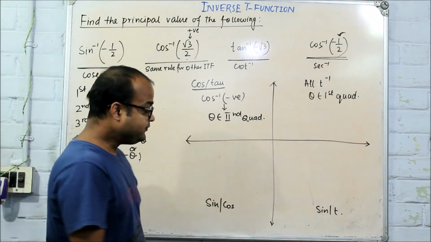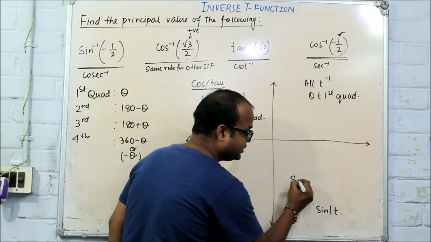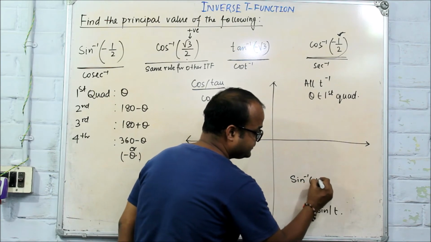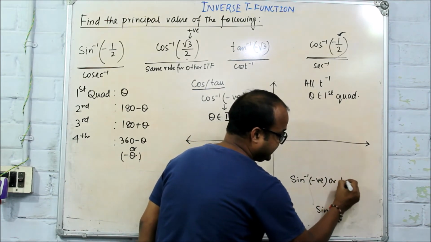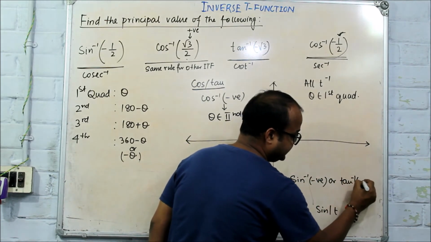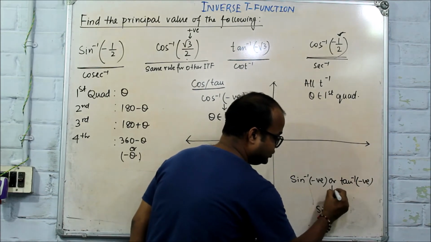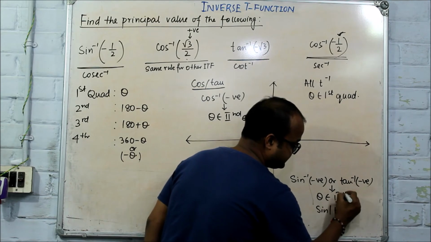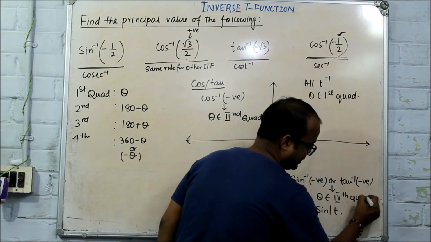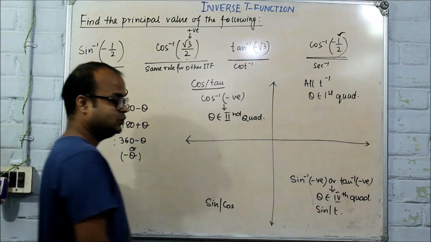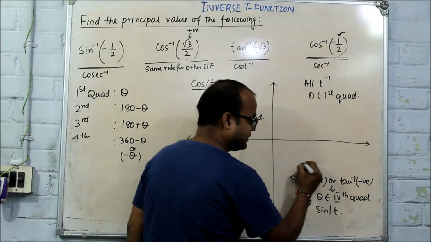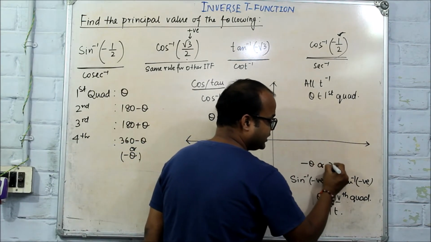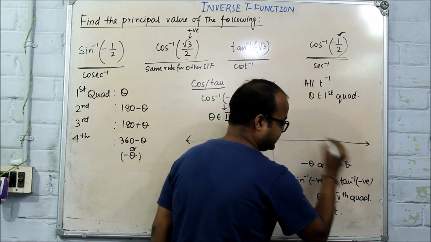So if sine inverse of a negative or tan inverse of a negative is given, then your theta will belong to the fourth quadrant. Either you can write it as minus theta or you can write it as 2 pi minus theta.